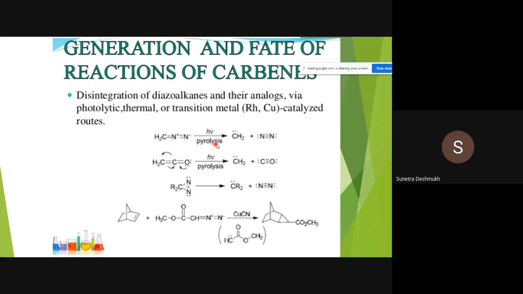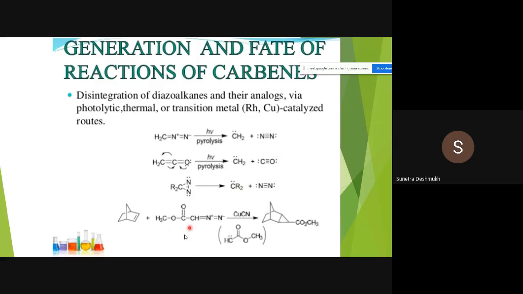Diazoalkanes on photolysis or pyrolysis give carbene. Again, this kind of compound on pyrolysis gives carbene. Such compounds on treatment, maybe photolysis, thermal or transition metal catalyzed routes, give carbene. In the case of a transition metal catalyst, we can generate such carbenes.